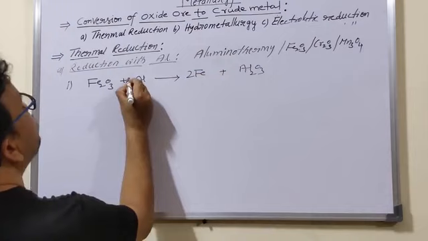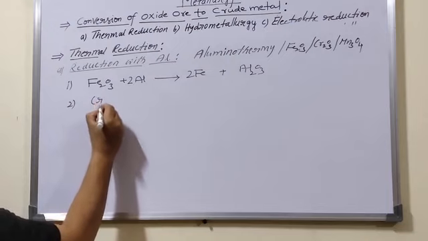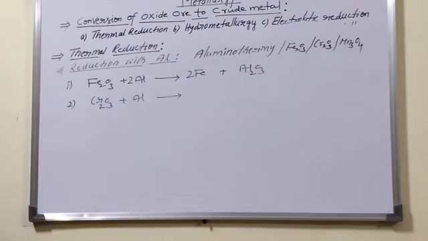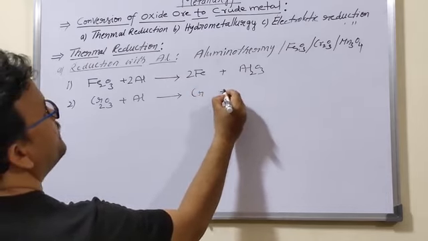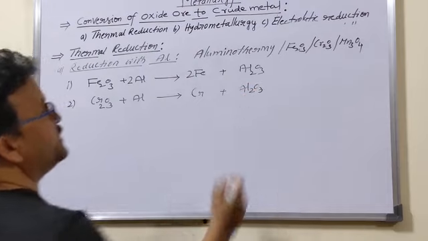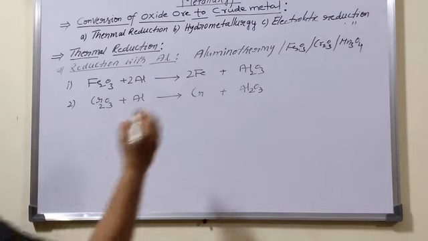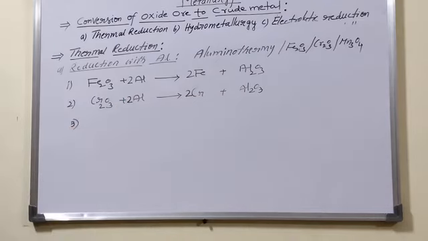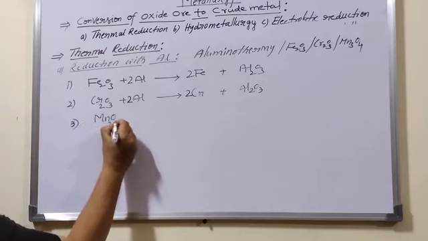So we have to balance this. Similarly, I am taking chromium oxide. When chromium oxide is reduced in the presence of aluminum, metal oxide is always reduced to the respective metal, and the reducing agent is always oxidized to its respective oxide, aluminum oxide. Going further, I am taking manganese oxide, Mn3O4.